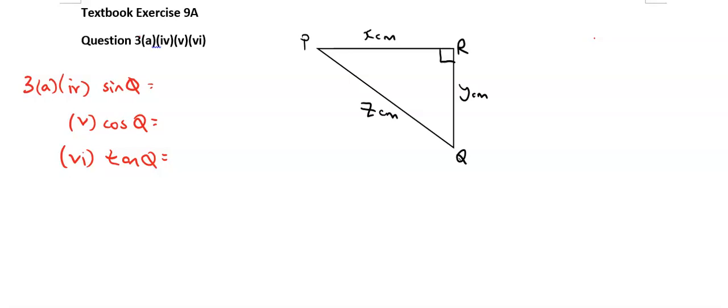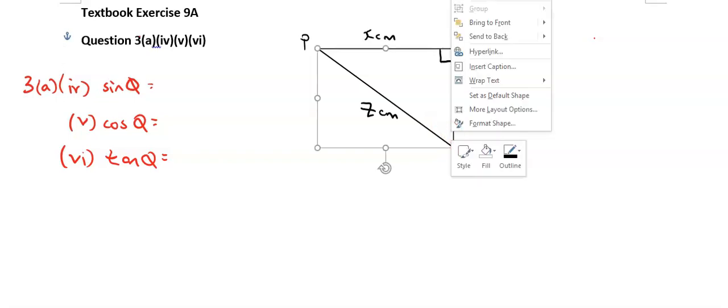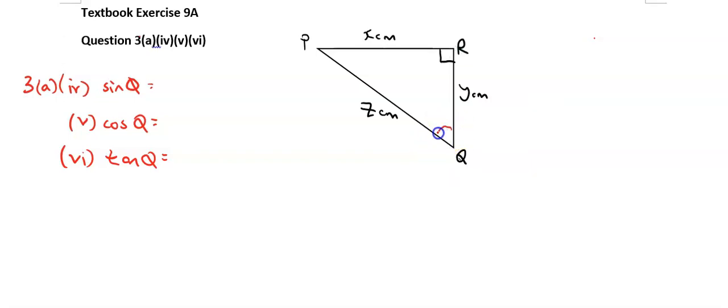Okay, in question 3a, parts 4, 5 and 6, we are supposed to find sine, cosine and tangent with respect to angle Q. Okay, in our diagram, angle Q. So before we start, it is always useful to identify the sides.